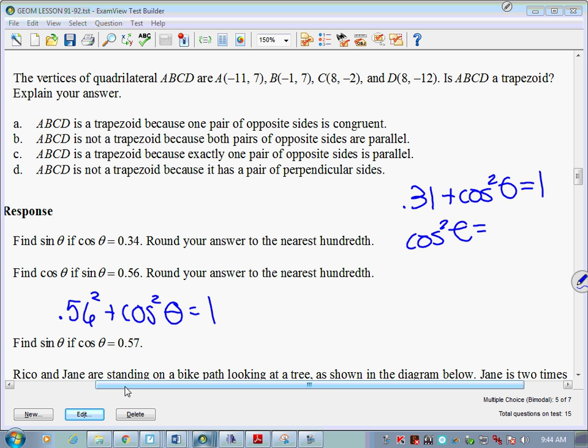Why am I getting something different here? Let's see. What do you say it was? I was just thinking, this is not looking right at all. 1 minus 0.31 is 0.69.